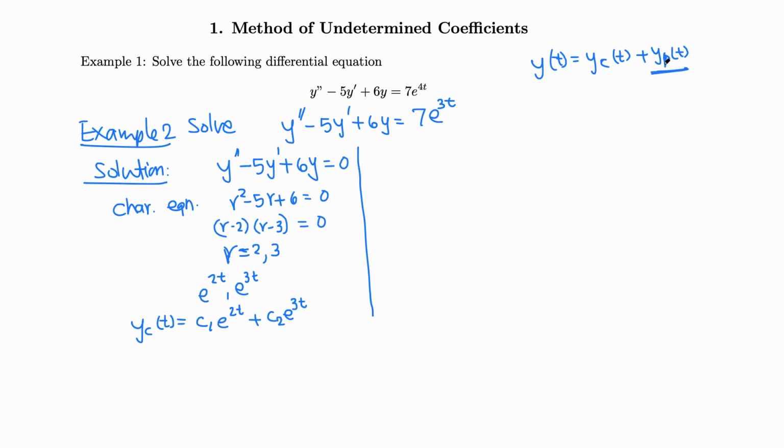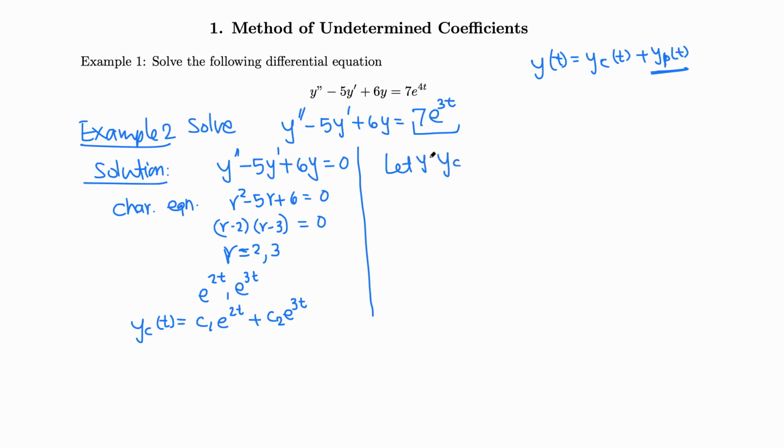So the issue is finding yp, and we are using the method of undetermined coefficients, and we did this in the previous video.